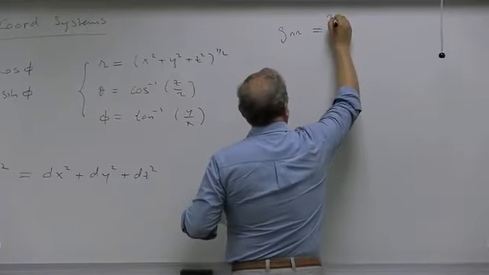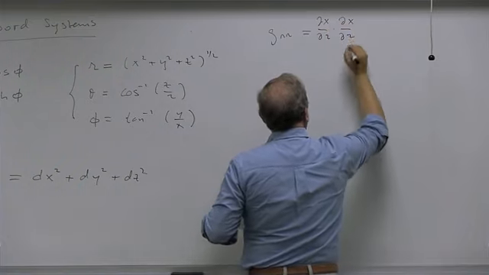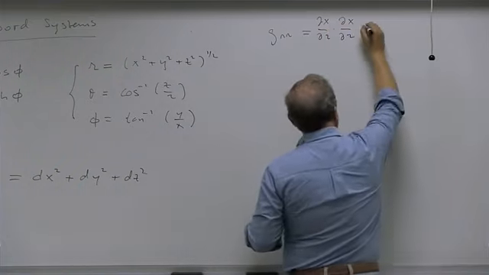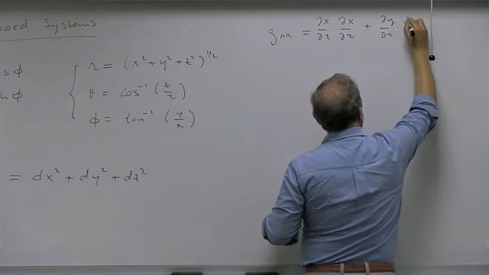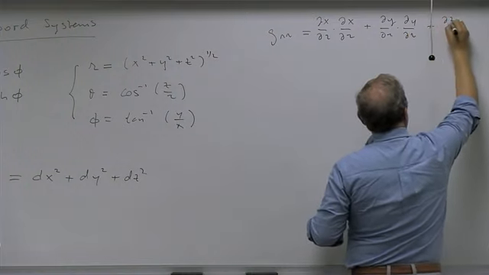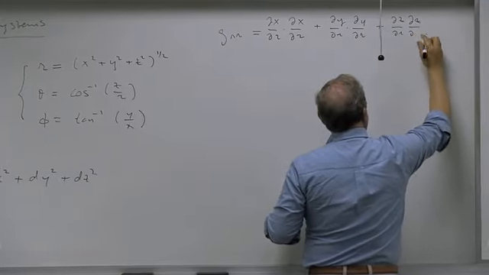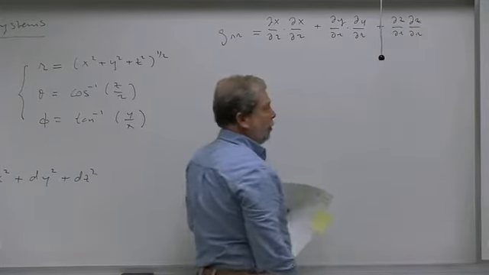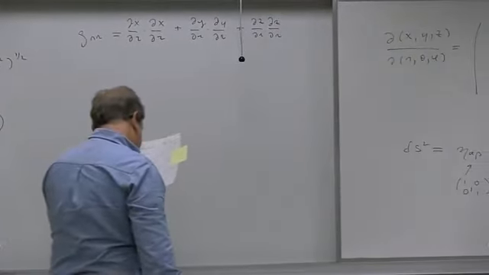So it is dx by dr times again dx by dr, right? And then the next entry is dy by dr times again dy by dr, plus dz by dr times dz by dr. And only the diagonal entries matter because the matrix eta is diagonal.